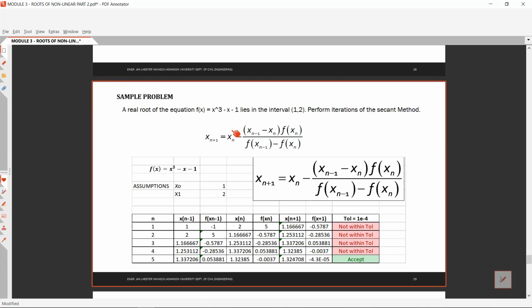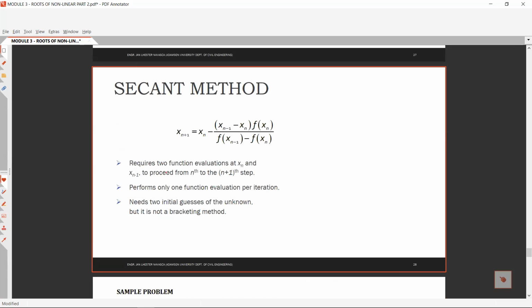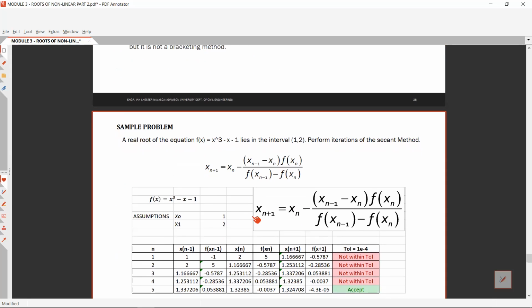You will find your two values, the two initial guesses of the unknown. So why not gawin na lang natin yung interval natin, sila na yung two initial guesses natin. Okay? So yung two interval, the 1 and 2, sila na yung first two initial guesses. Okay, nakuha ba yung class?